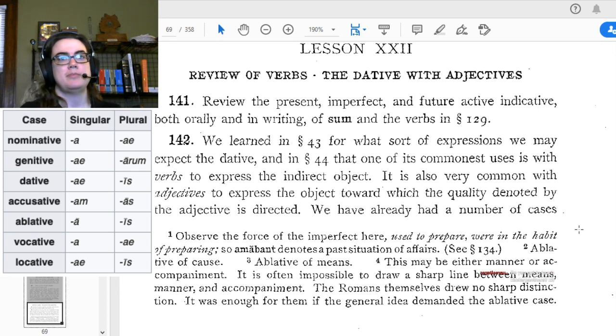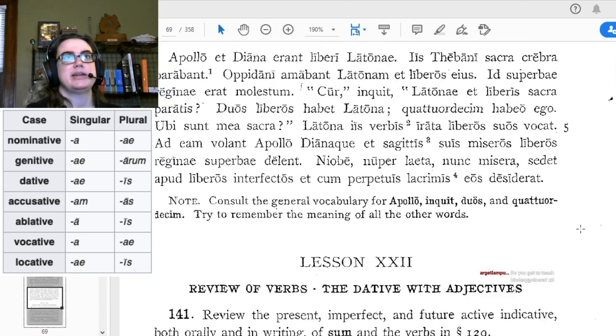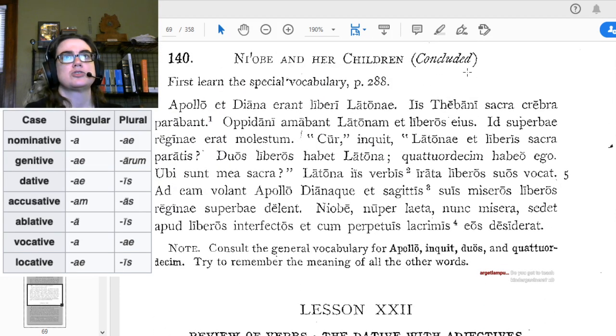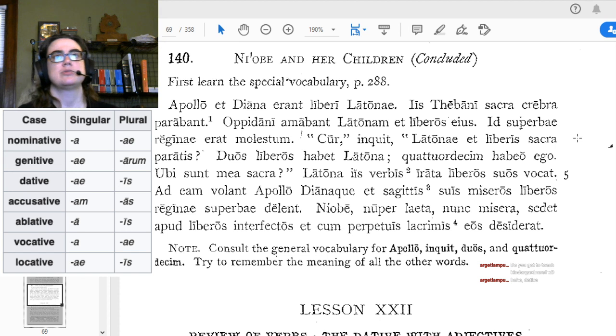So we want to make this note about the dative. If we look back at the sentence we just read in line 2, id superbae reginae erat molestum. So that was bothersome, id erat molestum, to the arrogant queen, superbae reginae.